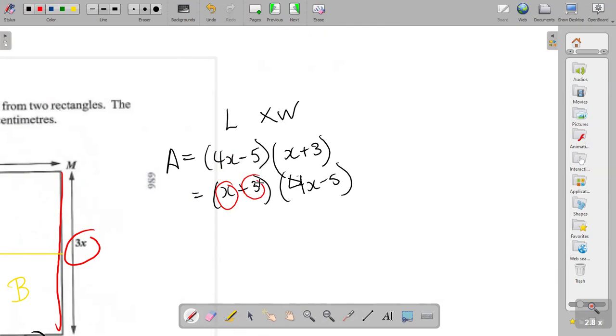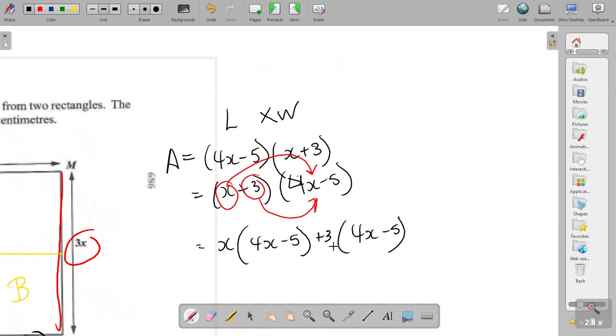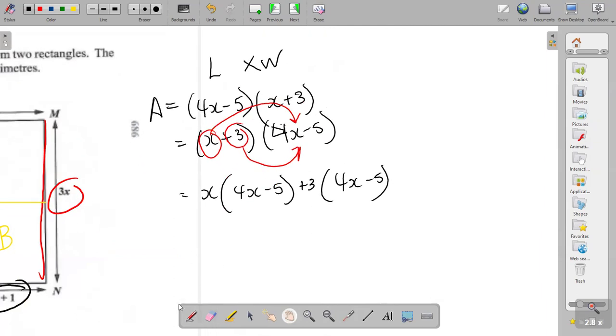So that's x and plus 3. You say the first thing times the bracket, the second thing times the bracket, which would give me x times the bracket, which is 4x plus minus 5. And the second thing, which is plus 3 times the bracket, 4x minus 5, which makes this so much easier to multiply.